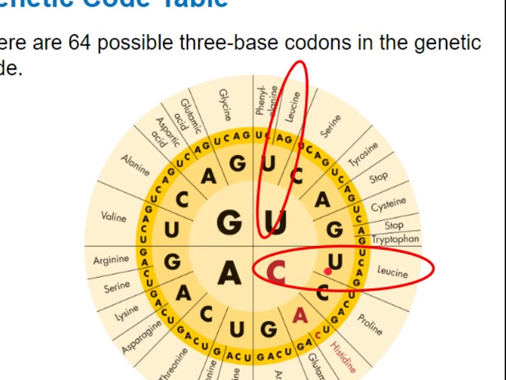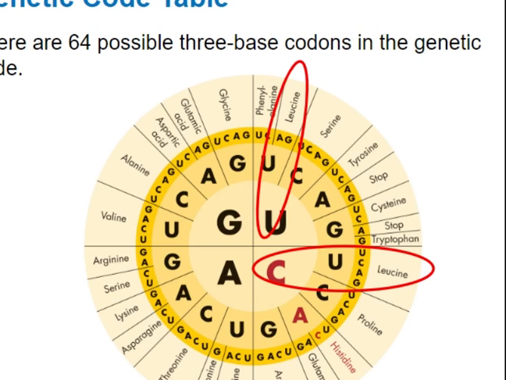CUC is leucine, as are CUU, CUA, and CUG. All 6 of these codons will code for leucine in a specific position in a protein or in a polypeptide chain.